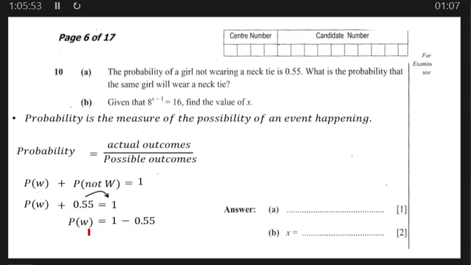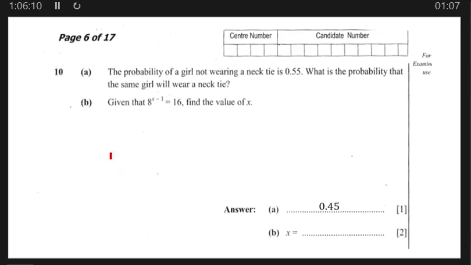So we'll say probability is equal to 1 minus 0.55, which will be 0.45. So this is the probability of wearing. It will be 0.45.